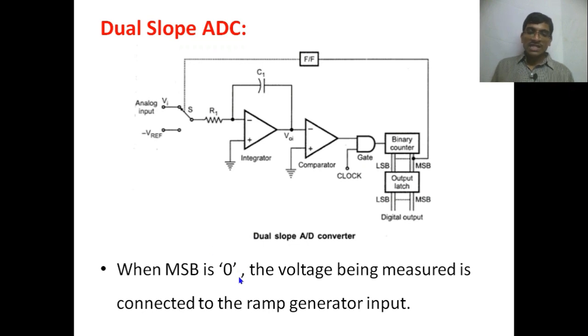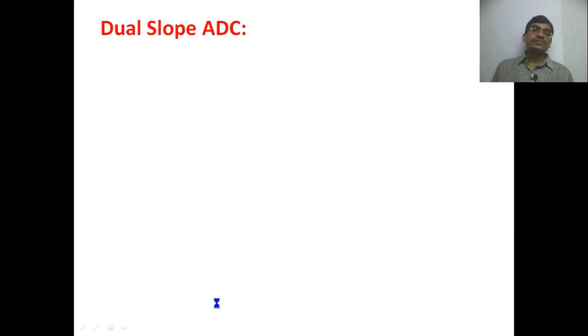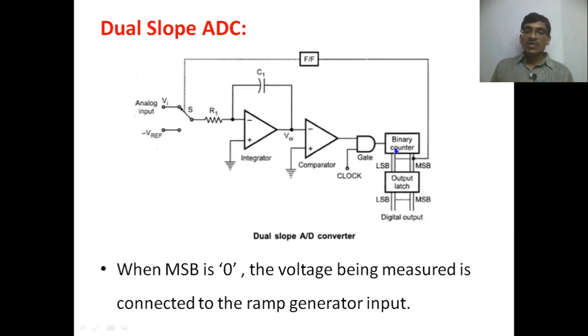When the MSB is equal to 0, the voltage being measured is connected to the ramp generator input. Initially the counter starts from 0 0 0 0, so the MSB is 0. This 0 is given to the flip-flop, which switches the switch S to the Vi position, the analog input position.